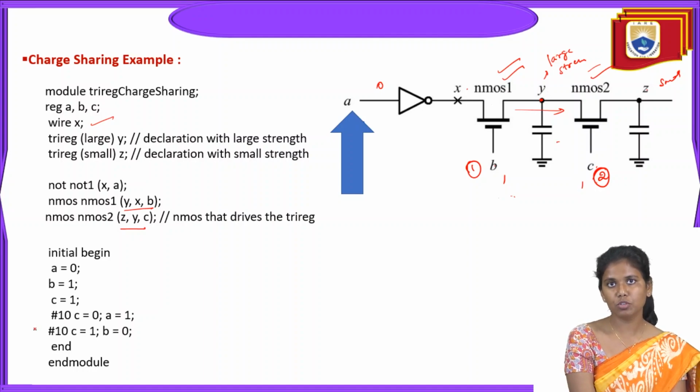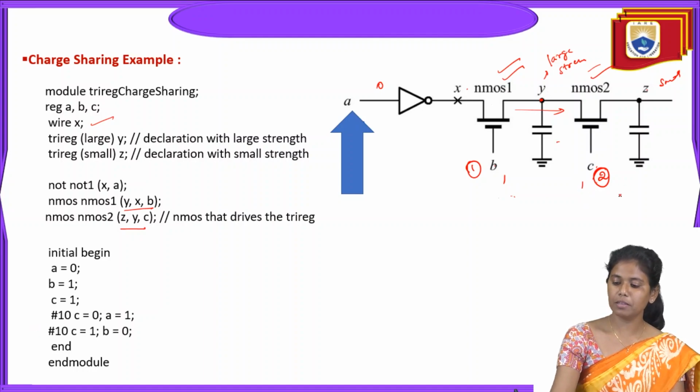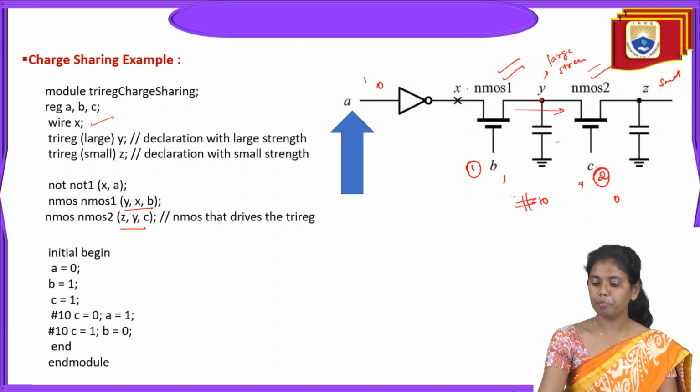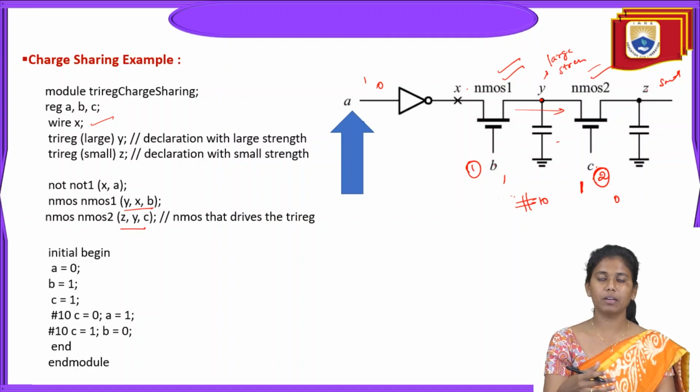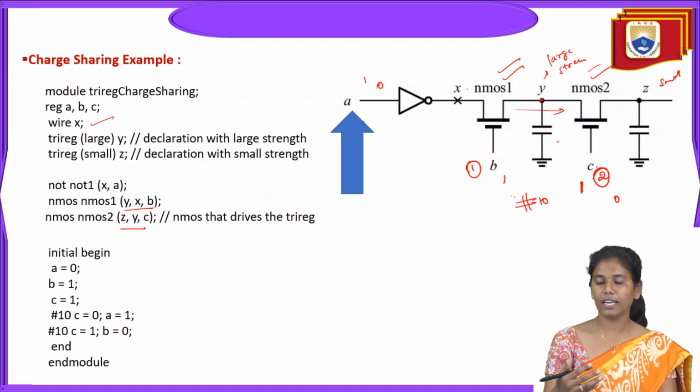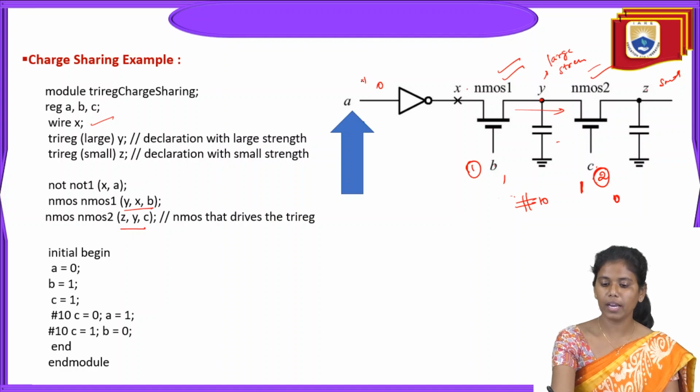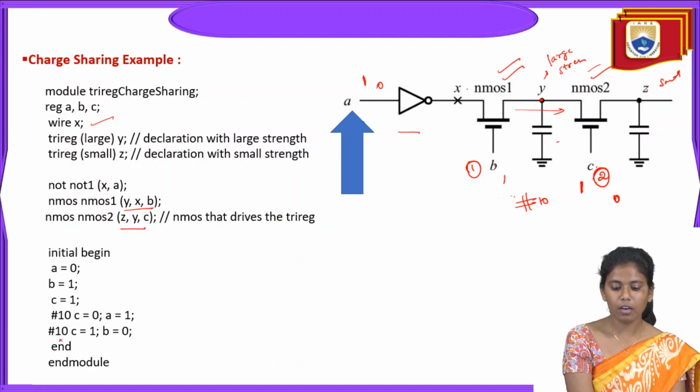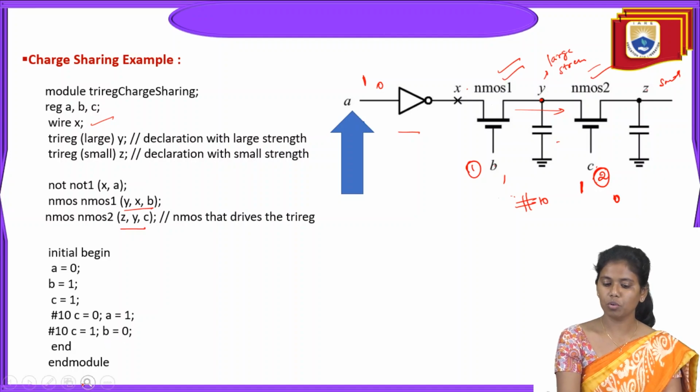Then at 10 nanoseconds of delay, C becomes 0 and A becomes 1. Previously C was 1, right? But when some delay is considered, at that particular time C becomes 0, and when C becomes 0, A also becomes 1. Quite opposite. Why? Because it's a NOT gate. Then at 10 nanoseconds of delay, when C becomes 1, B becomes 0. Obviously, when C becomes 1, B becomes 0.